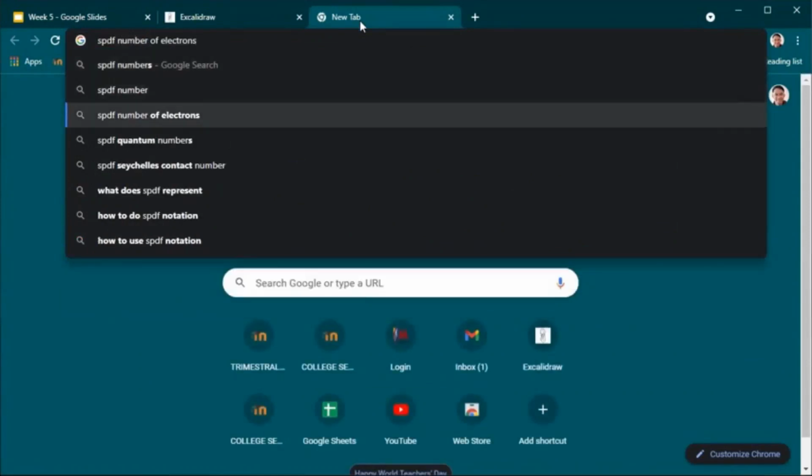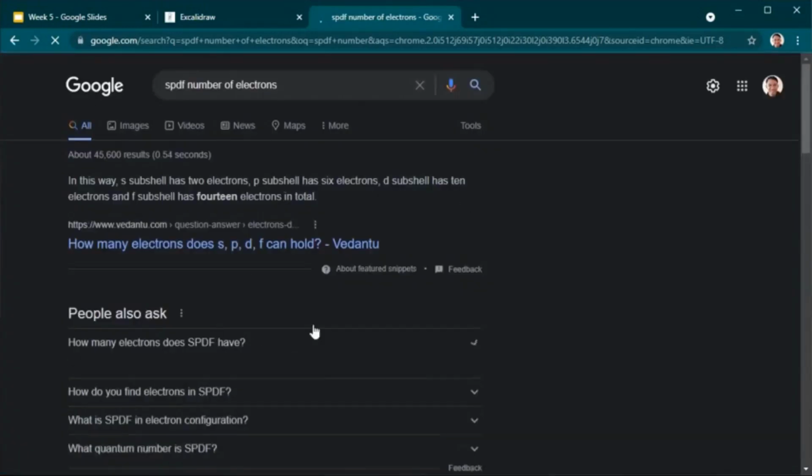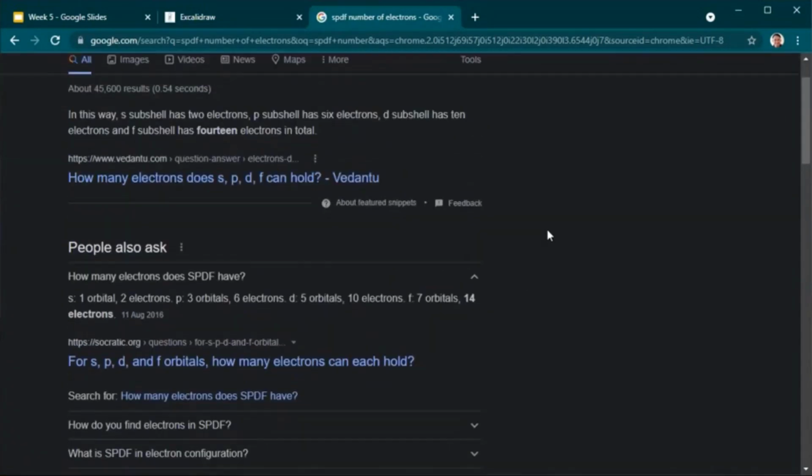Okay, so for each orbital, there will be 2 electrons. So for an s, the maximum is 2. For p, the maximum is 6. For d, the maximum is 10. And so on and so forth.